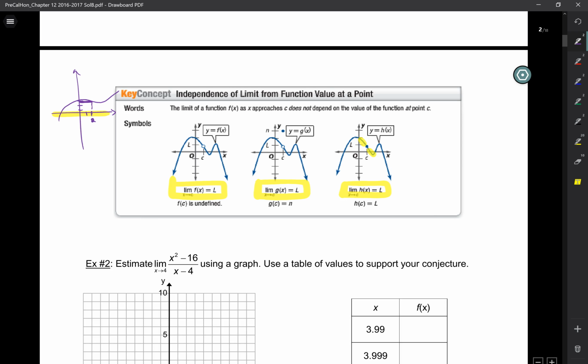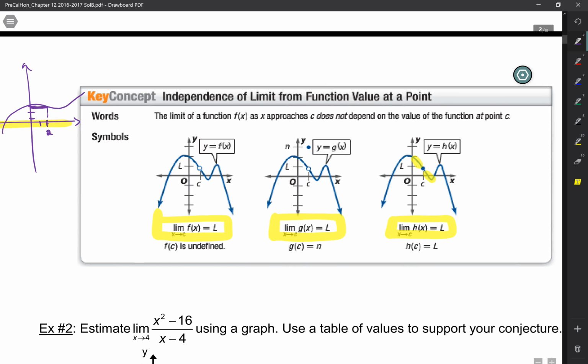What's f of 2? 3. Okay, so what about this one? What's f of 5? f of 5 is equal to 3.